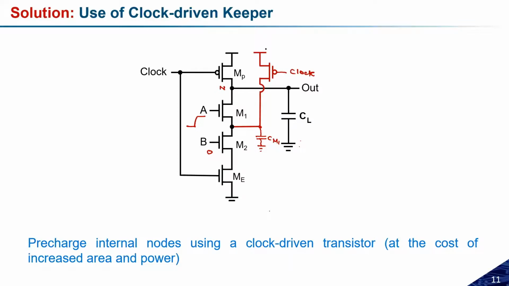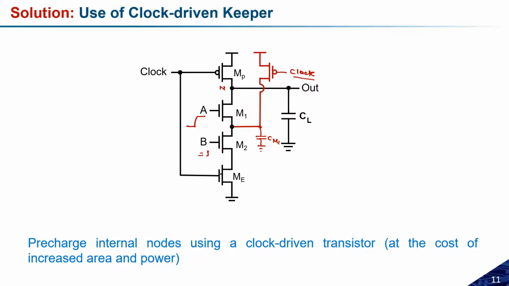Any doubt? Yes, sir. Will there be any power dissipation? I don't think there will be power dissipation. No, ideally we are not getting any direct path for power dissipation. But the thing is, because this clock is during precharge phase, let us assume I have kept B equal to 1.